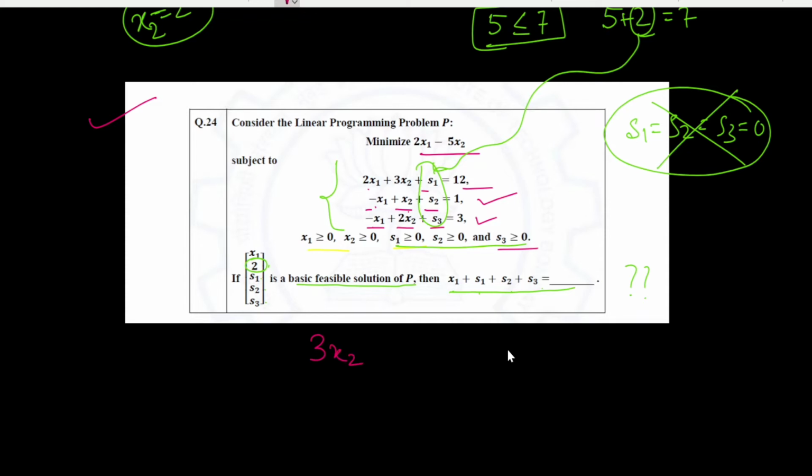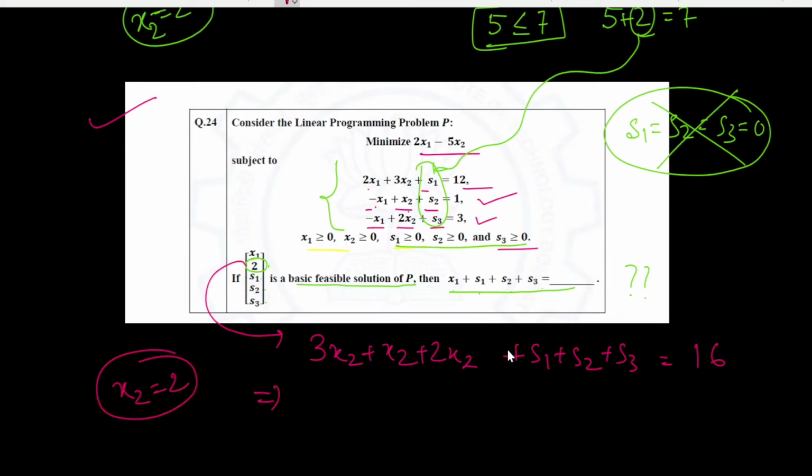If we add, then we see 2x1 minus x1 minus x1, and 3x2 plus x2 plus 2x2, plus s1 plus s2 plus s3, which is equal to 12 plus 1 plus 3, equal to 16. Now we put x2 equal to 2, because it is given that the value of x2 is 2. So this gives 6 plus 2 plus 4 plus s1 plus s2 plus s3 equal to 16.